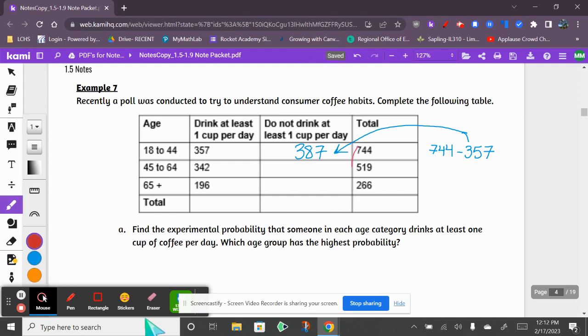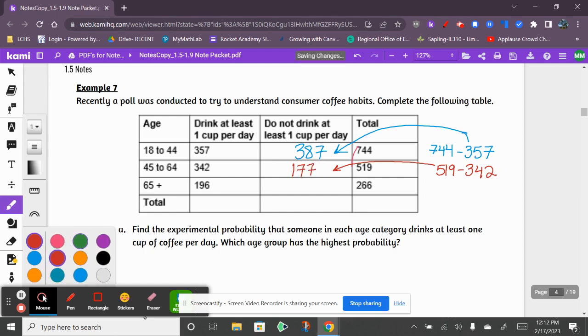To find this one, we're going to do the same thing, 519 minus 342, so we get 177, and the same idea for the last one. So 266 minus 196, we get 70.